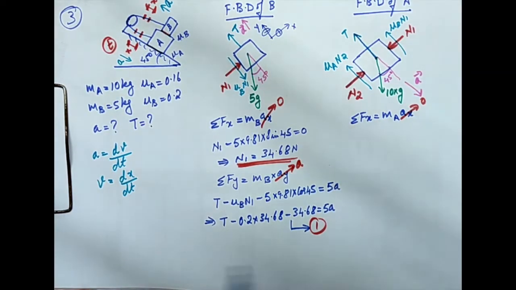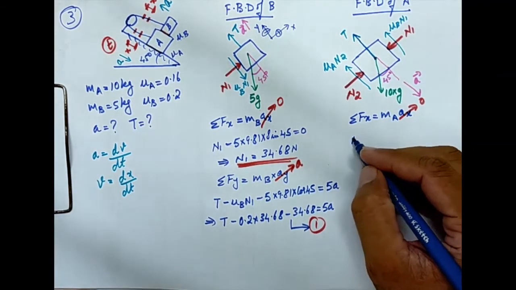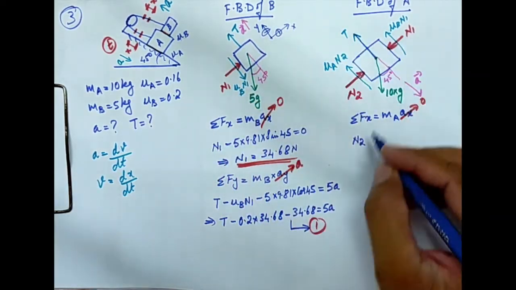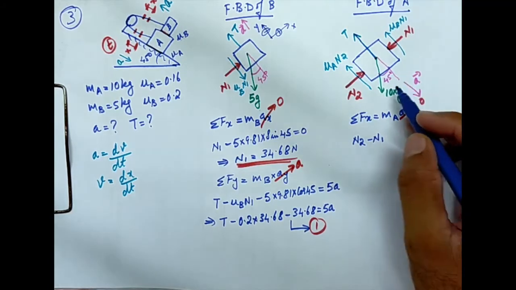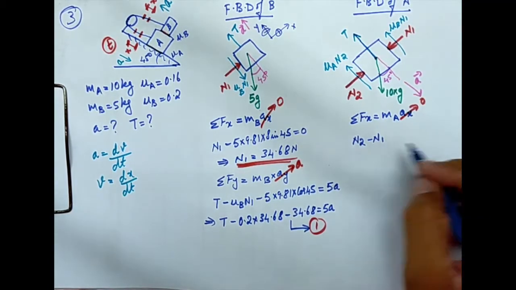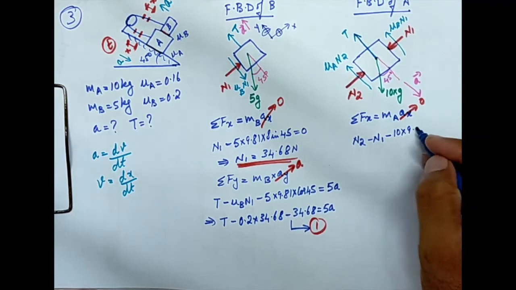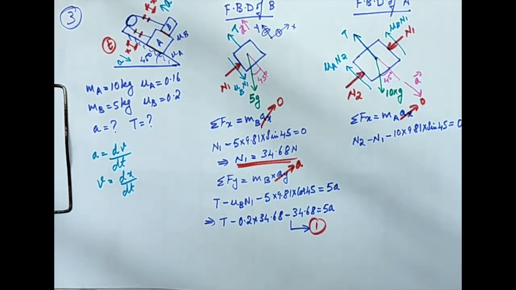Now I'm going to try writing it. The different forces are N2 in the positive x direction, minus N1 in the negative x direction, then the component of this 10g, that is minus 10 into g, that is 9.81, into sine 45, equal to 0.